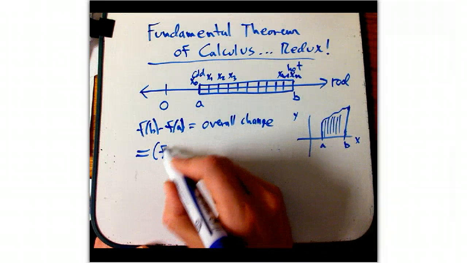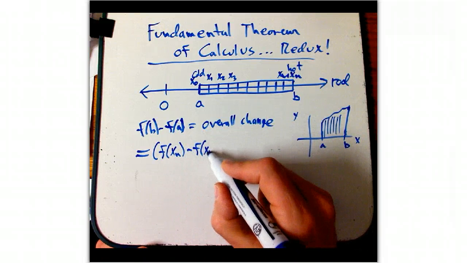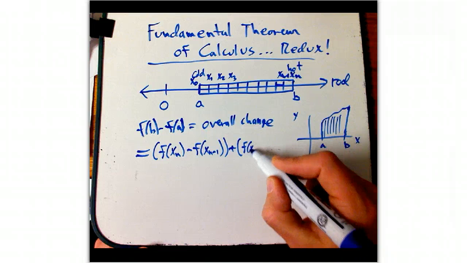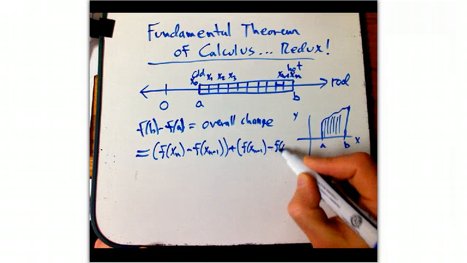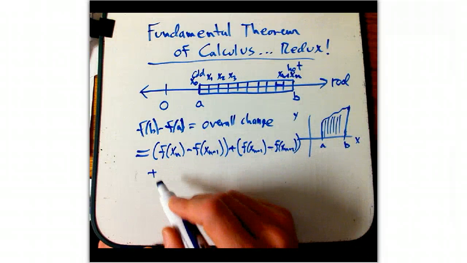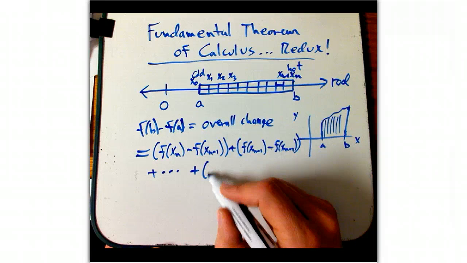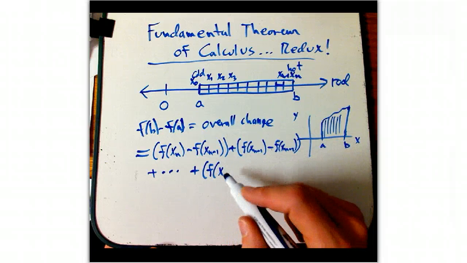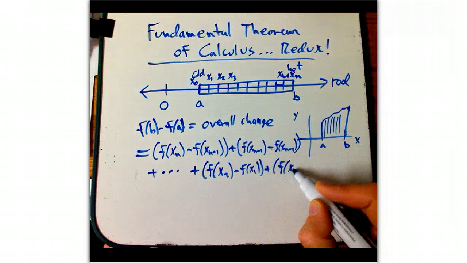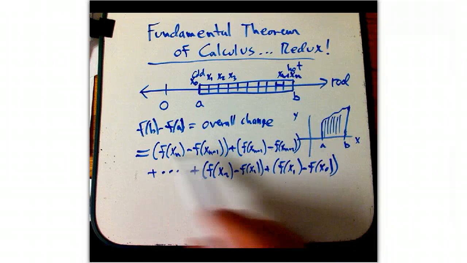And I'm just going to break that down into the change on this last little subinterval, plus the temperature change in the interval right before that, from x sub n minus 2 to n minus 1, plus dot, dot, dot, plus all these sums of the temperature changes, plus f of x2 minus f of x1, plus f of x1 minus f of x0. And I just want to observe how incredibly simplistic this is.